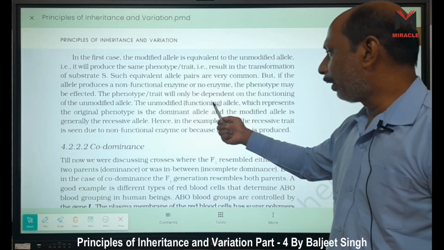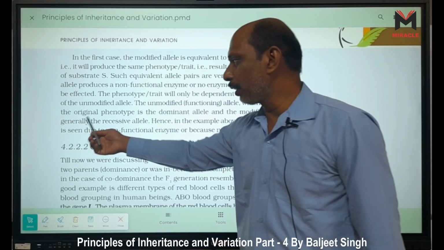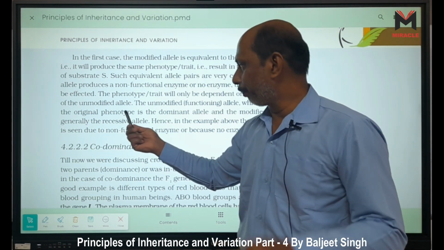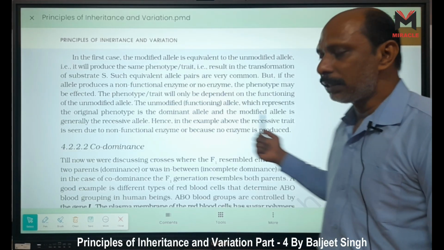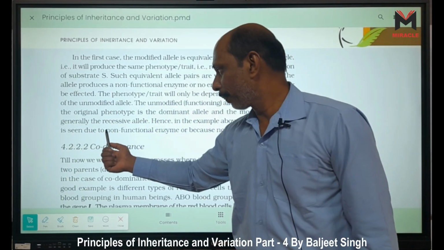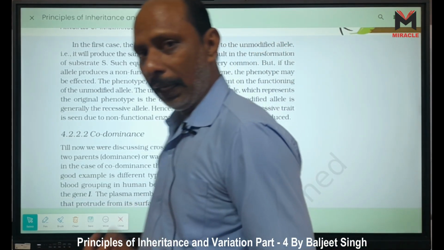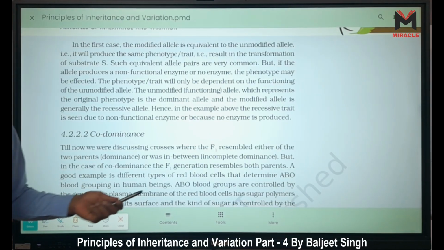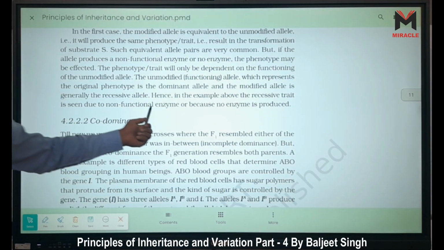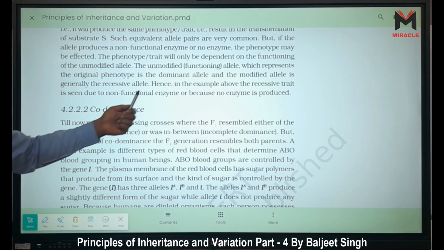The unmodified allele, that is the functioning allele, which represents the original phenotype, that is capital T, is the dominant allele, and the modified allele is generally the recessive allele. Hence, modified means which cannot produce any enzyme, or which if it produces enzymes, that enzyme is non-functional, right? So that one is called recessive.